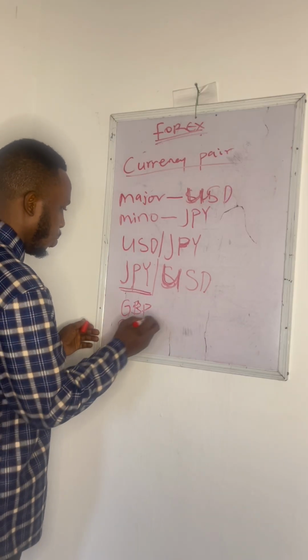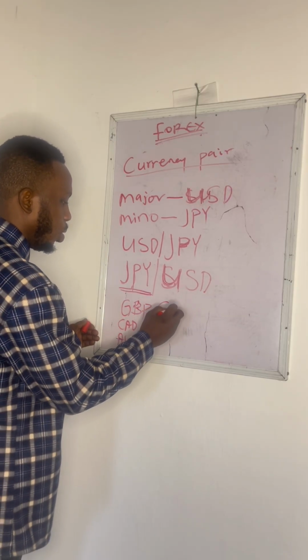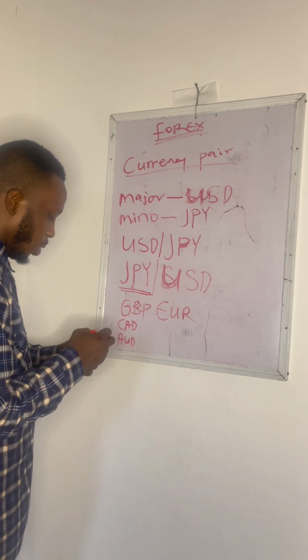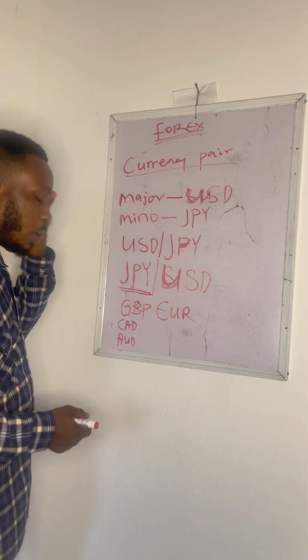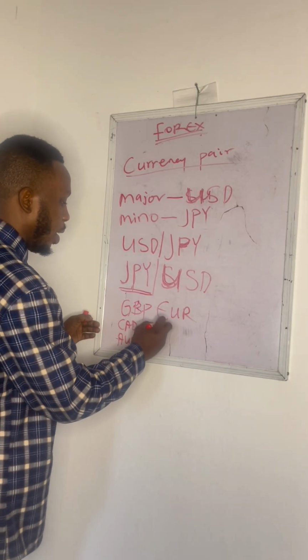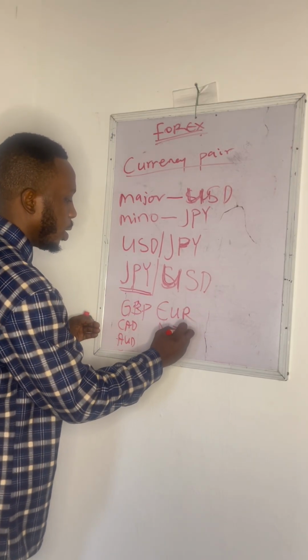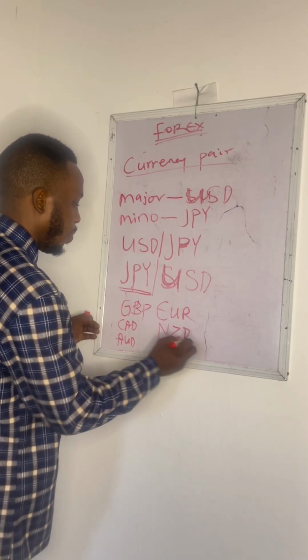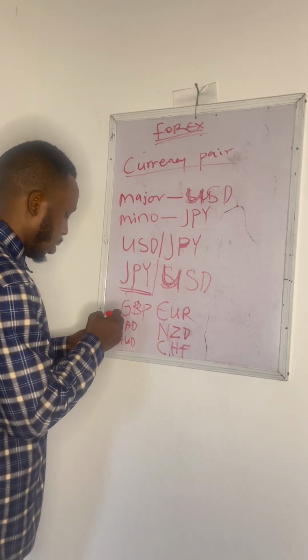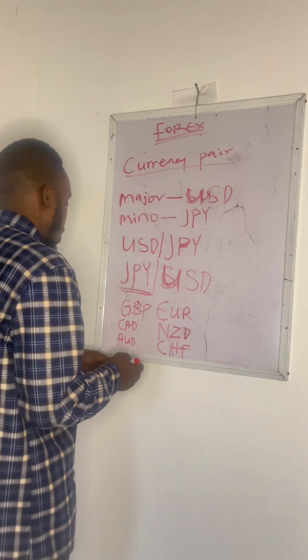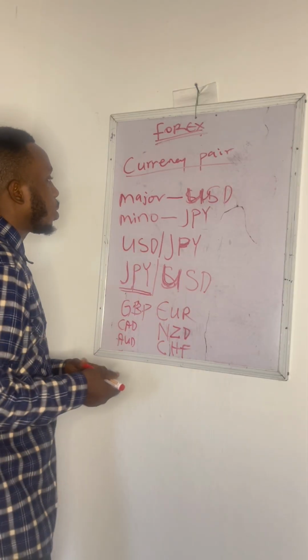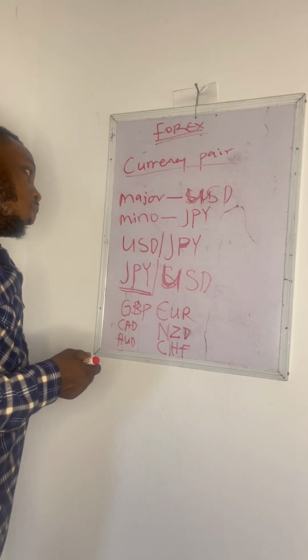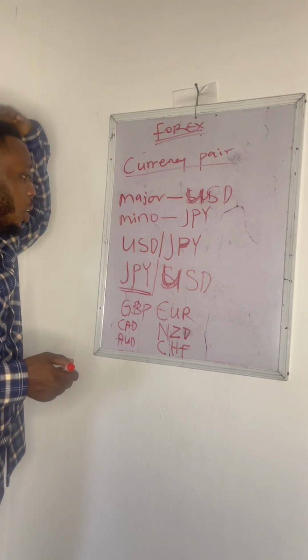We also have the EU euro. So these are the currency pairs we have. We also have the NZD, CHF, and the Chinese currency. We also have other currencies being listed.